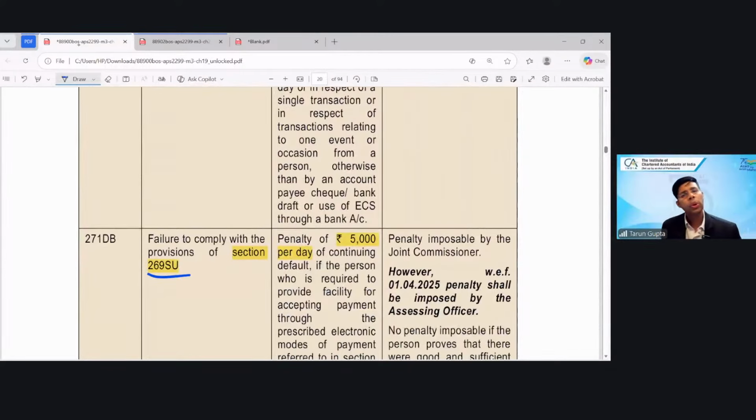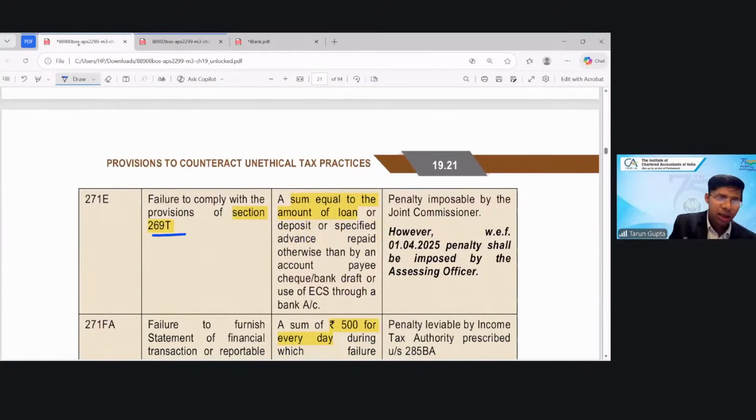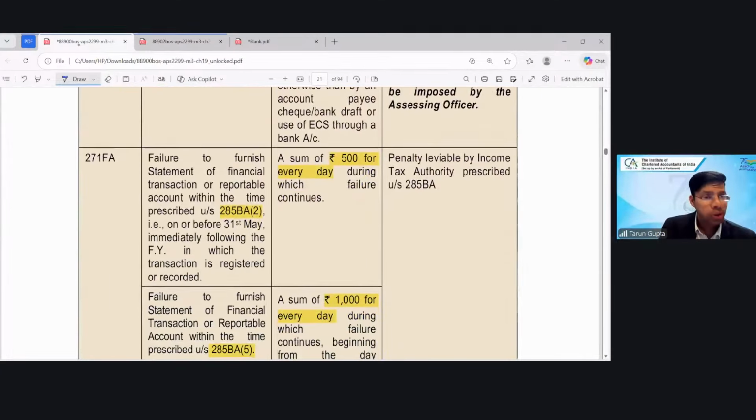Under 269SU, if you are required to provide a facility to your customer so that they could pay the amount through internet banking or a banking channel, but you have not provided such facility, then the penalty is 5,000 per day. Under 269T, if you repaid the amount in cash, then the penalty is equal to the amount of loan repaid. 271FA is in respect of SFT, significant financial transaction.